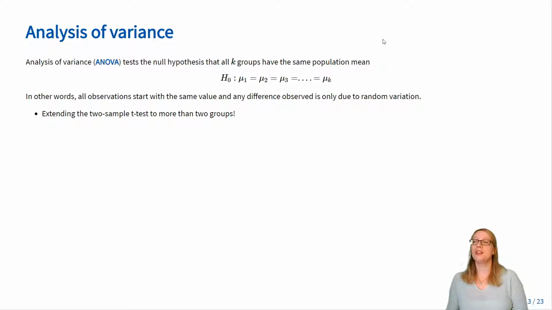What we're looking at with ANOVA is a starting assumption that all members of our population have the same mean. In other words, that grouping doesn't explain anything about the variability in our data. Any differences that we're seeing are just due to random chance. Think of this like extending the 2-sample t-test to more than 2 groups. We're going to see how we can compare 3, 4, 5, and so on.